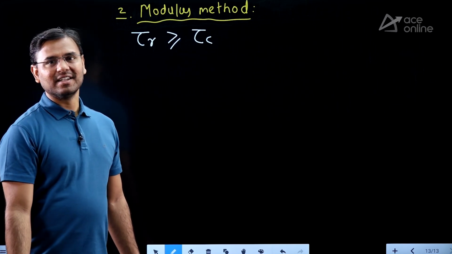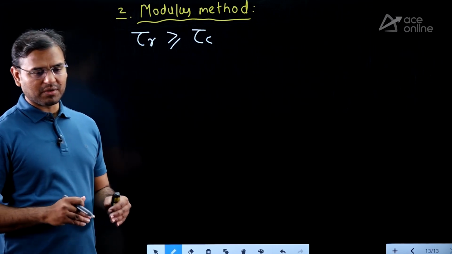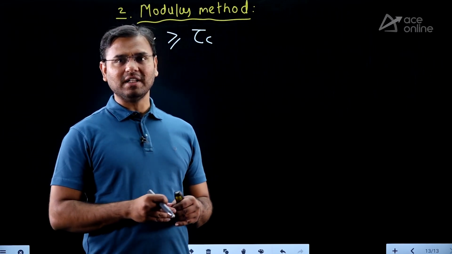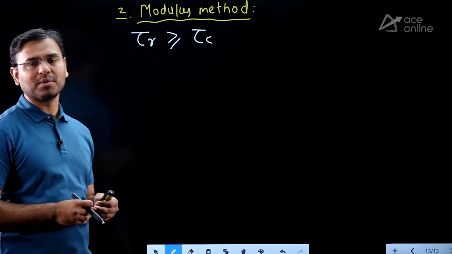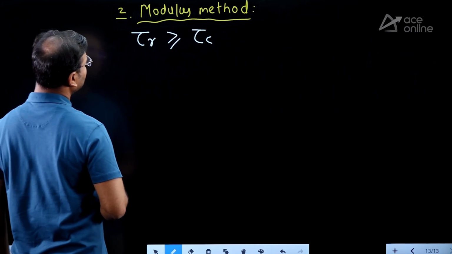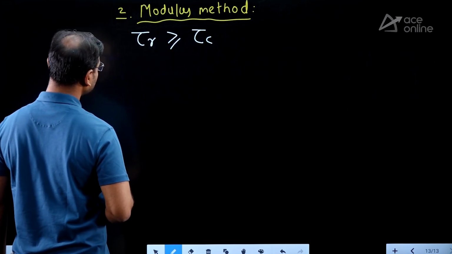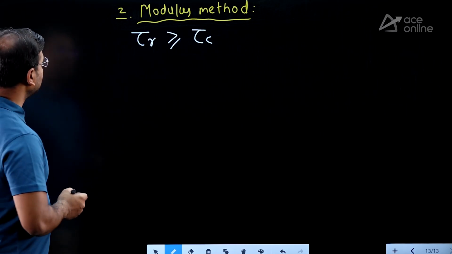Otherwise, if the casting is going to convert into solid in 100 seconds and the riser is converting into solid in 90 seconds, then how can the riser supply molten metal to the casting cavity? Not possible. Therefore tau r must be greater than or equal to tau c.